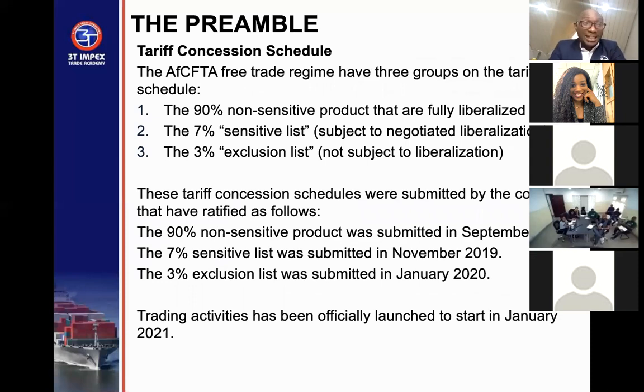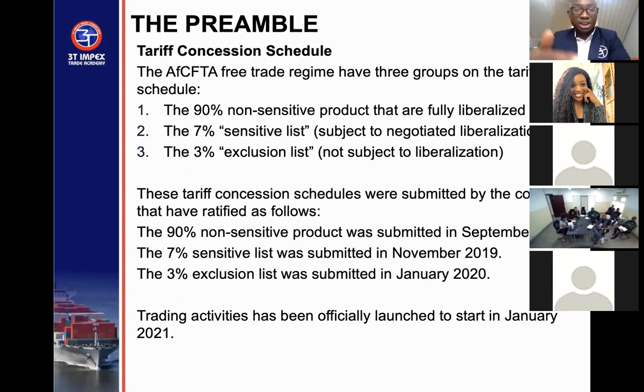The concern of many about this agreement before has been that, look, if we sign this agreement, we might have a situation where our market is flooded. But in the real sense of the word, it is not just Nigeria that is thinking that way. Other African countries are thinking that way. And they've agreed that not all parts of our economy will be open.